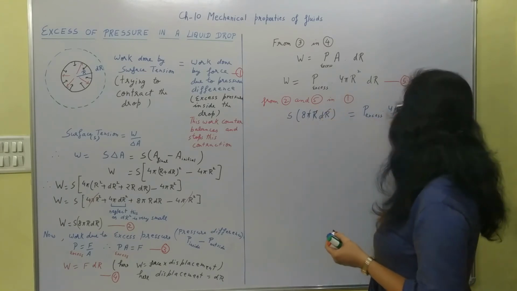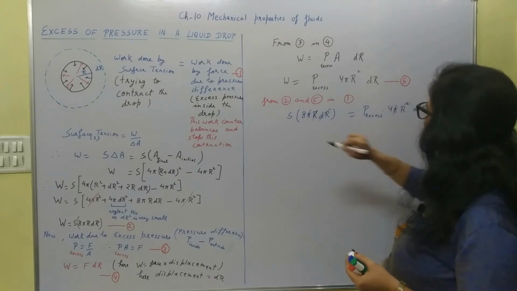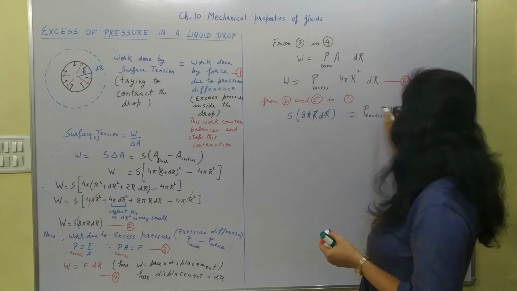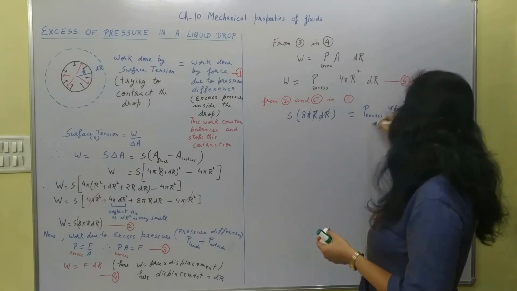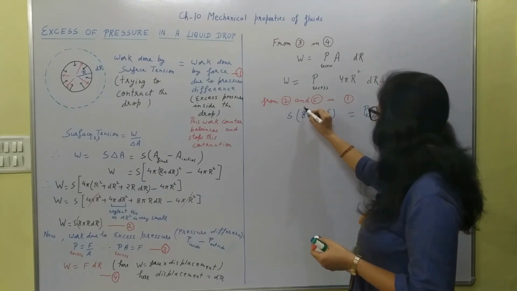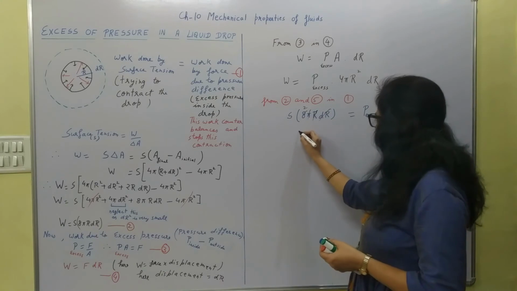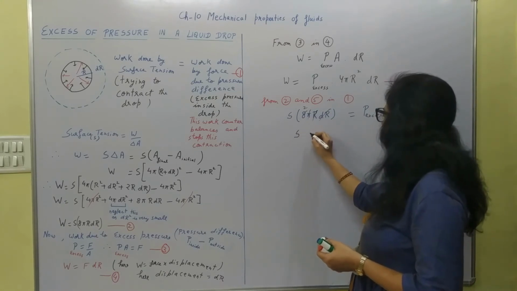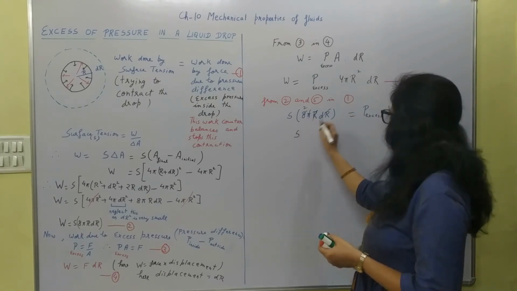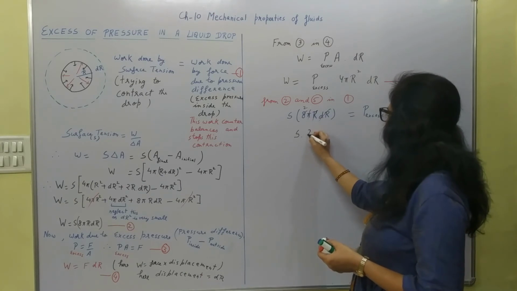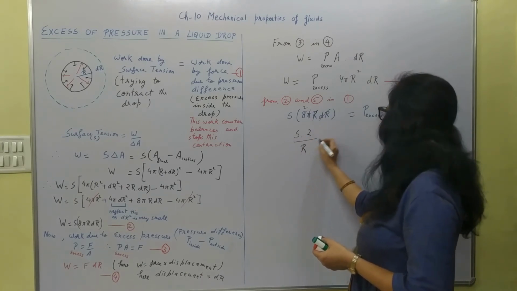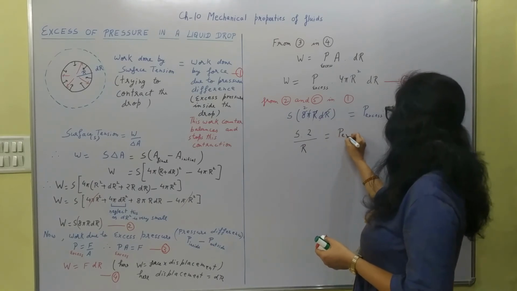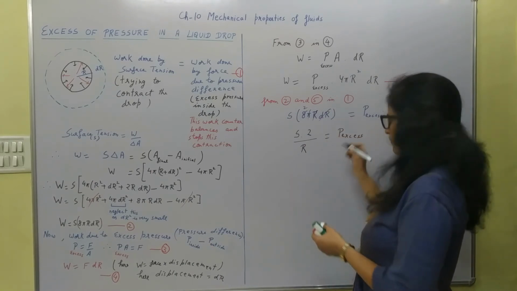Single r can be cancelled, and this 4 will cut 8 two times. So you can neatly write it: S into 2 upon R is equal to P excess.